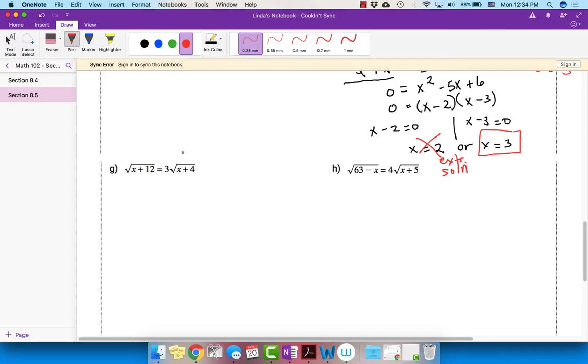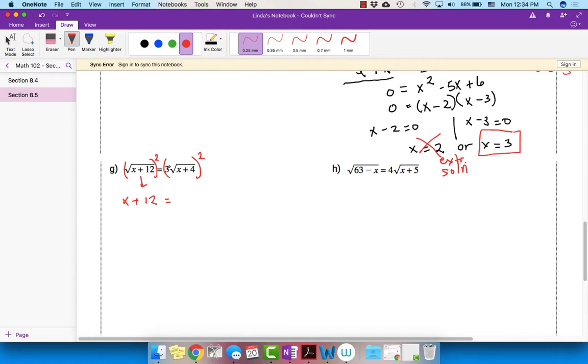In the event that you have two radicals like this, as long as you have one of them isolated, you can go ahead and proceed to the second step in the strategy, which is to square both sides. So on the left side, you end up having s plus 12.